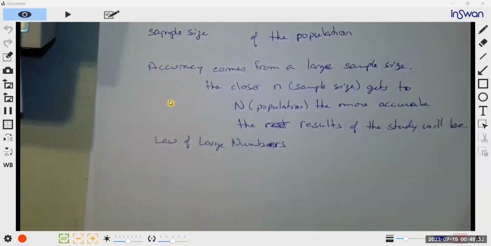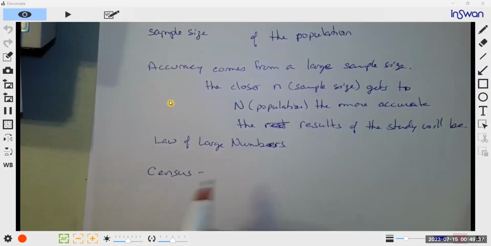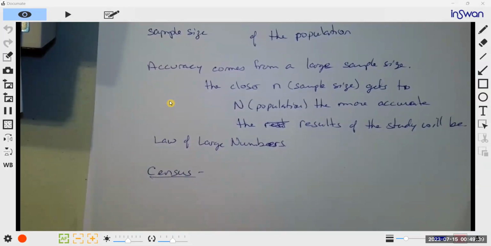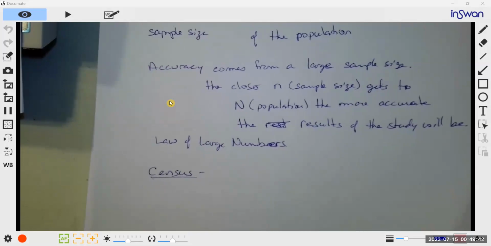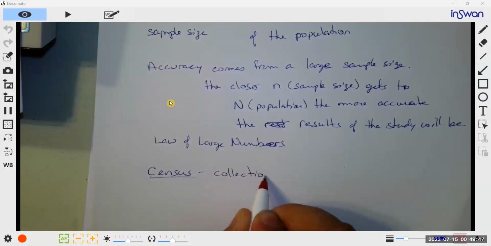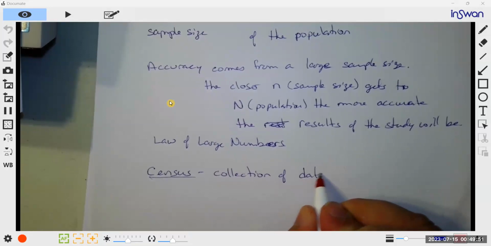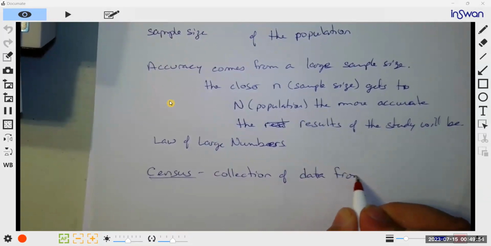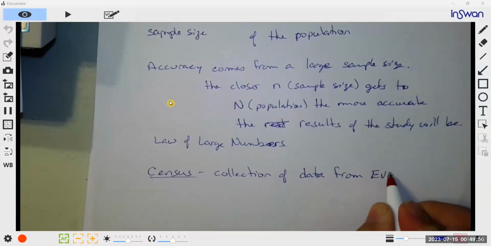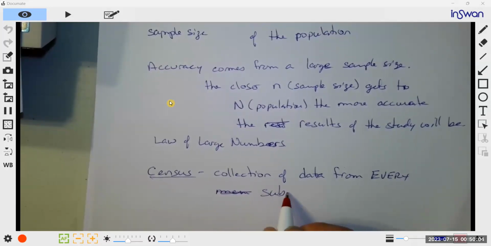So the census is an analysis or the collection of data from every subject in the population.